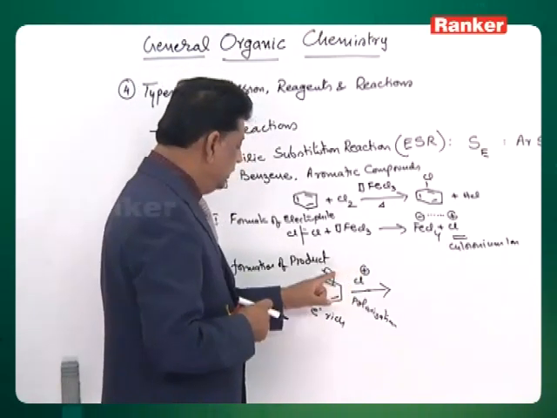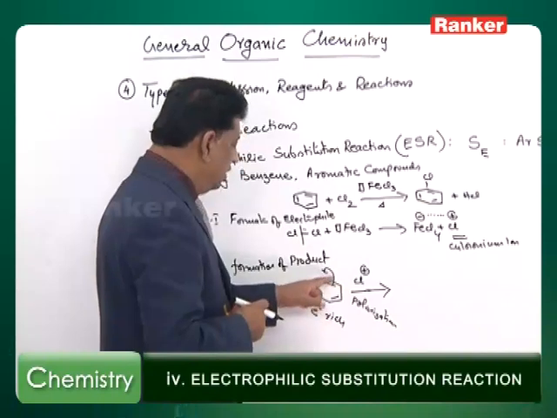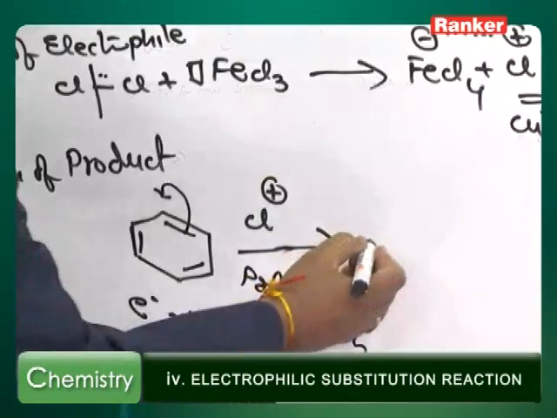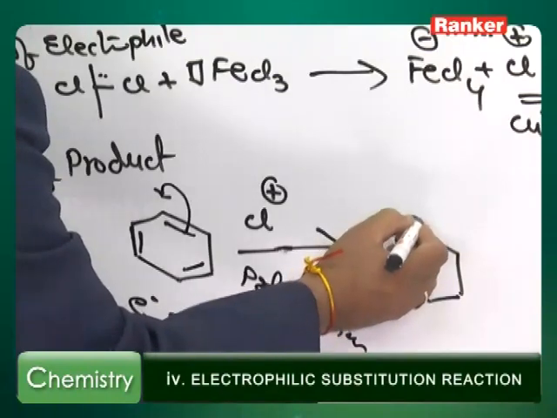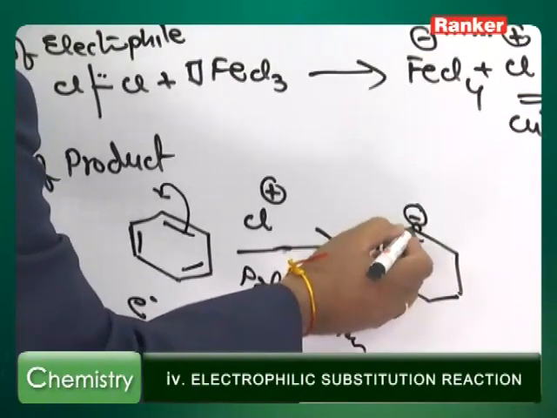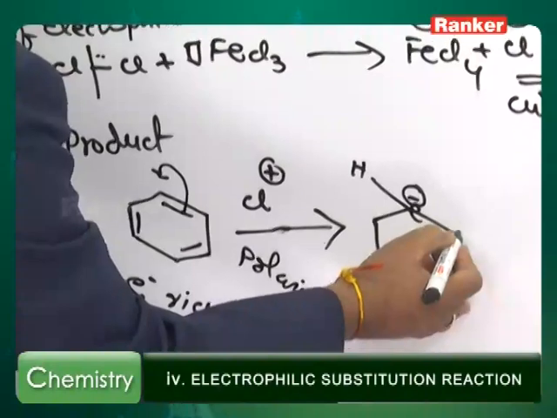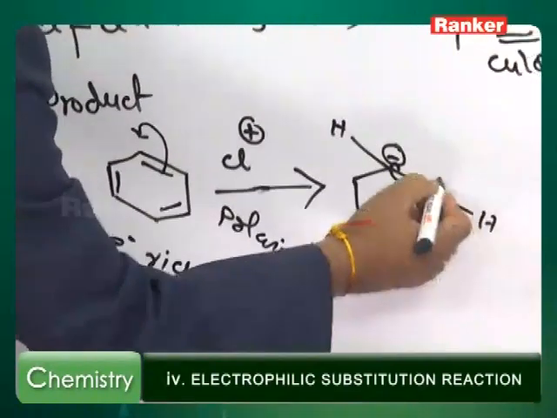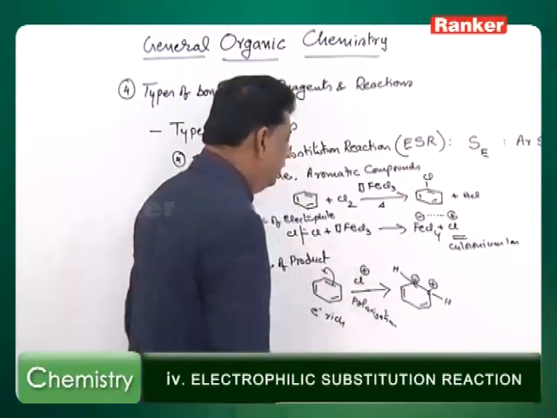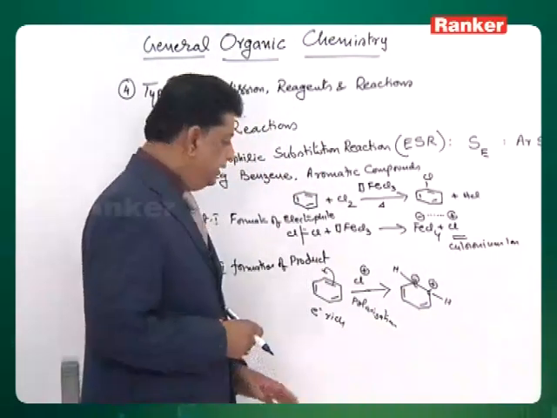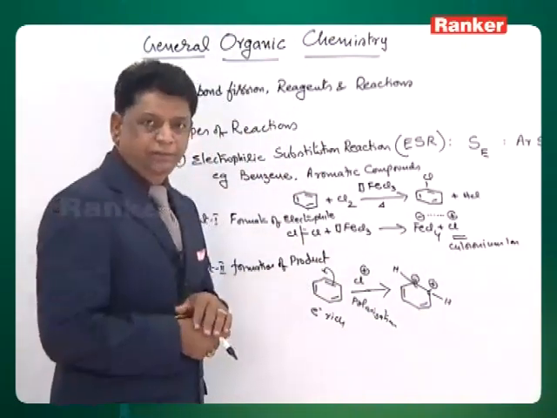Now, as the Cl plus comes closer and closer, the bond becomes plus and minus. On one of the carbons you find a minus charge, with a hydrogen. On this carbon also there is a hydrogen, but a plus charge is formed. This opening of the pi bond will generally never take place in the absence of Cl plus.